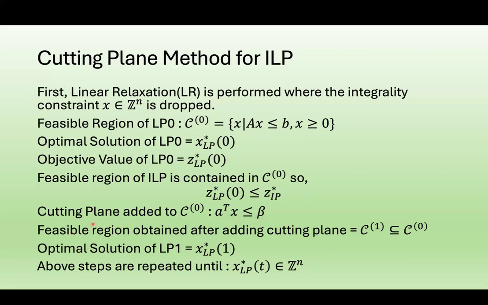The feasible region will shrink to, let's say, C1, which will be a proper subset of C0. Now we obtain the optimal solution for the LP at the t equals 1th iteration, given by x_LP star 1, again by using the simplex method. And we'll keep on repeating this step until all the decision variables of x_LP star are integers.